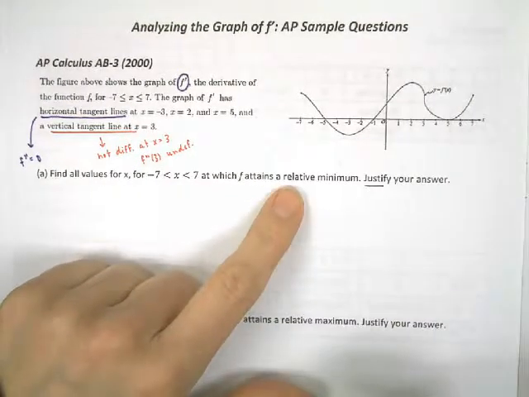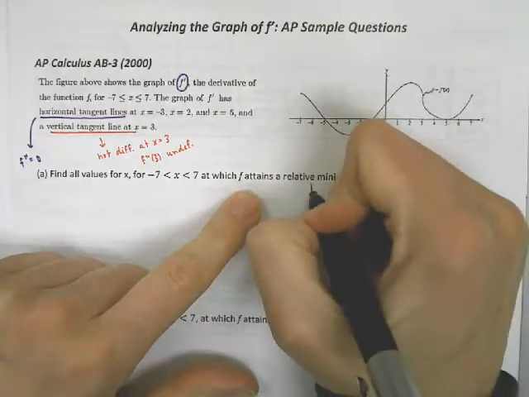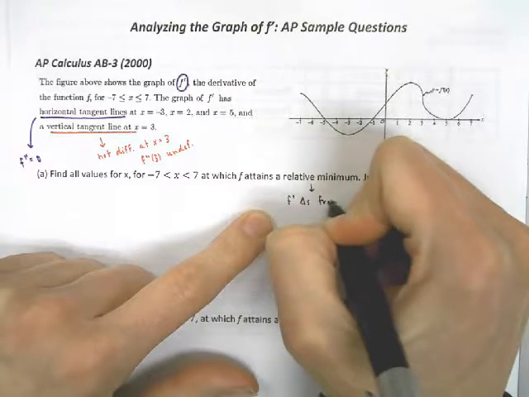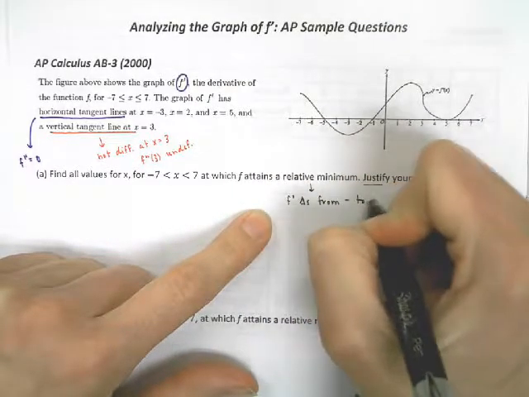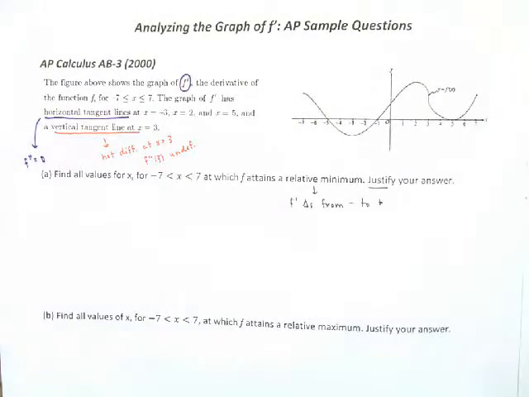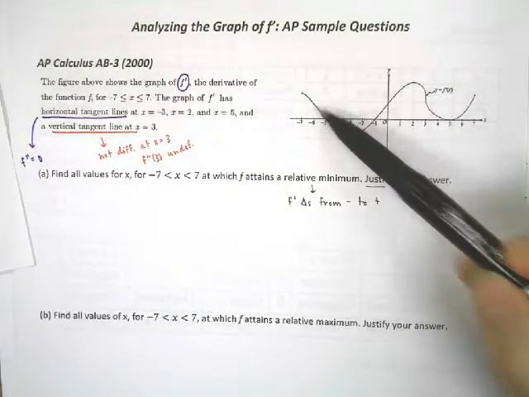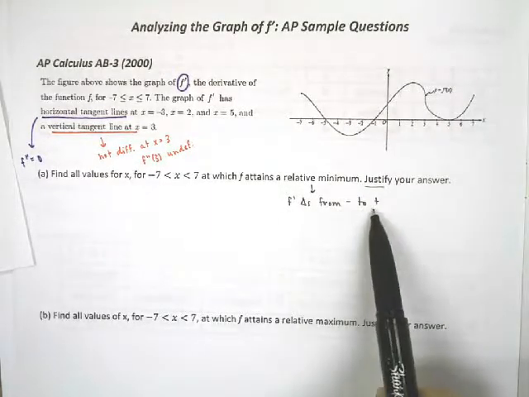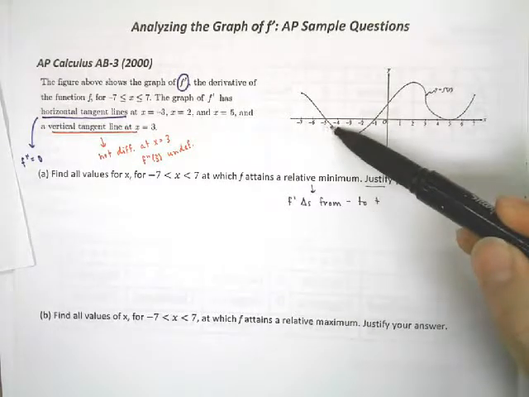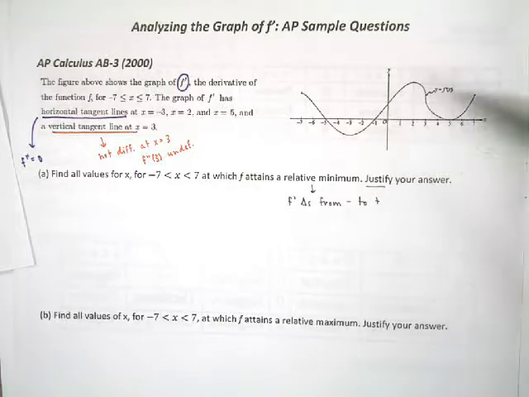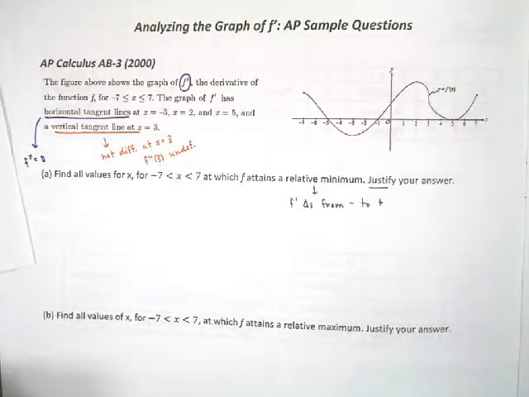If I'm looking for a minimum, I know that's where f prime changes from negative to positive, from below to above the x-axis. Here I have above to below. Here at -1, I see I'm changing from negative, below the x-axis, to above, which is positive. So that's going to be the location of my relative minimum.